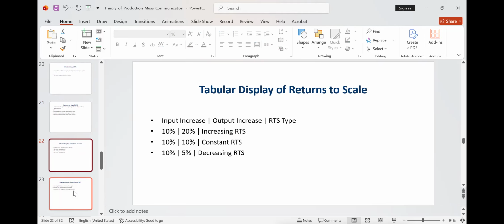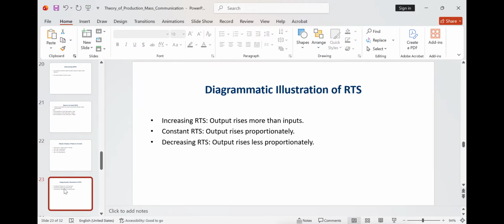If your input is 10% and your output is 20%, you call that increasing returns to scale. But if they are both 10%, you call that constant returns to scale. But if your input is greater than your output, then you call it decreasing returns to scale. That's what I just said earlier. Then you can look at the diagram of it. The diagram is in the textbook, and you can read more from there.